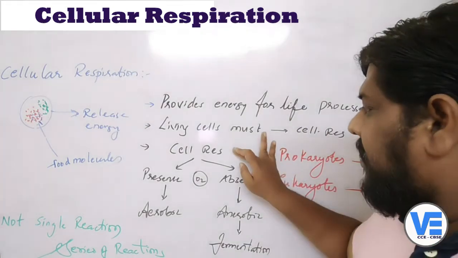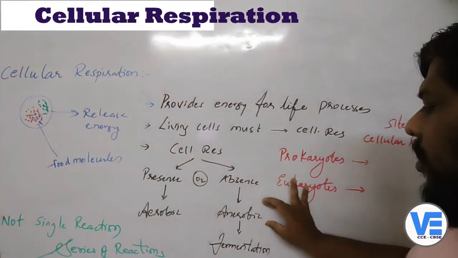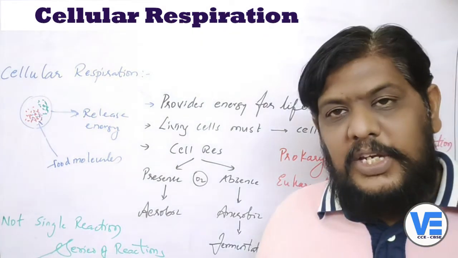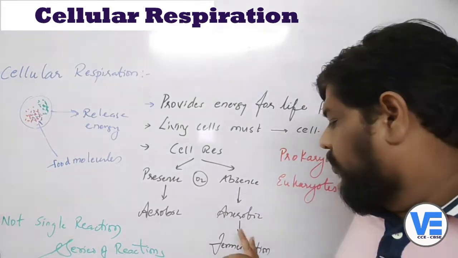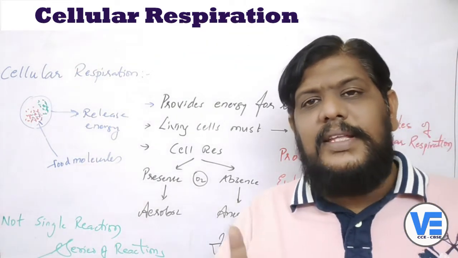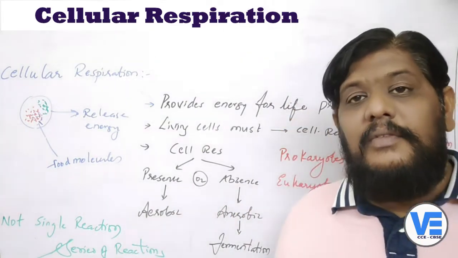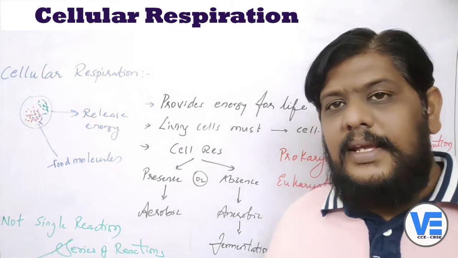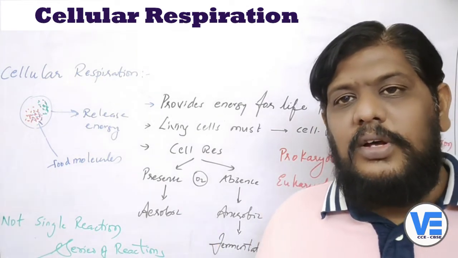And if the same cellular respiration is happening in the absence of oxygen, we call it anaerobic respiration, or else we also call it fermentation. That means here we can see two types of respiration. One is aerobic respiration, which takes place in the presence of oxygen. The second one is anaerobic respiration, which takes place in the absence of oxygen.